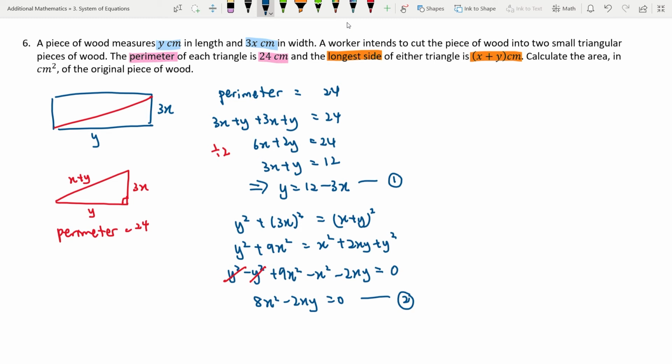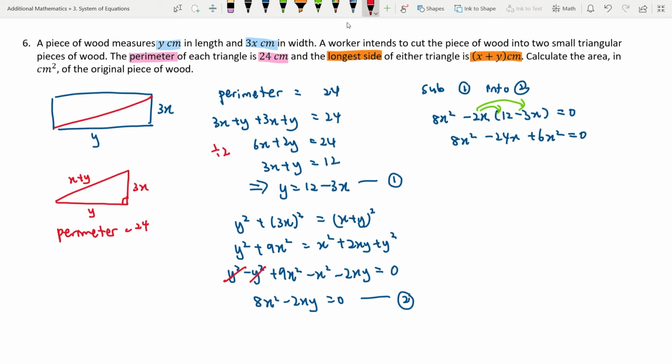Now we can solve the simultaneous equations. We substitute equation 1 into equation 2. 8x square minus 2x multiplied with 12 minus 3x is equal to 0. We expand the bracket. 8x square minus 24x plus 6x square is equal to 0.